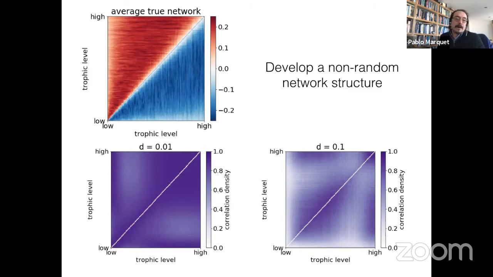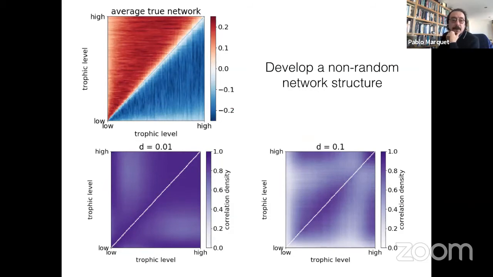You have the trophic level here and here, and this is the average true network in terms of the correlations that you get, the true correlations for the true network as you simulate it. And this is the reconstructed one.